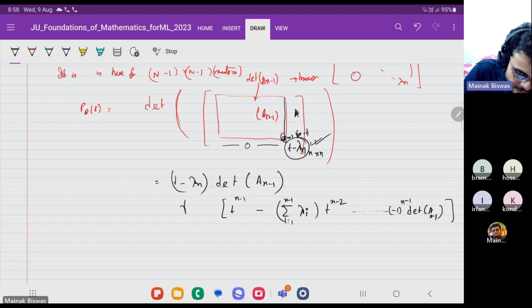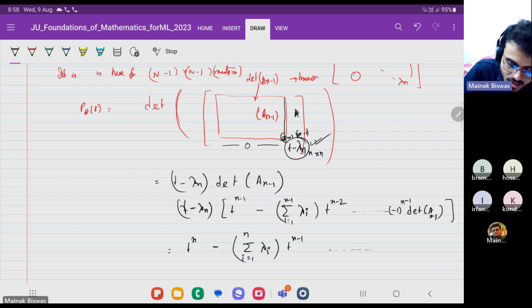So now do you see what our claim was? So this will become nothing but t to the power n minus summation of lambda i, i equal to 1 to n, t to the power n minus 1, and so on till minus 1 to the power n, determinant of A. Do you see why it happens?